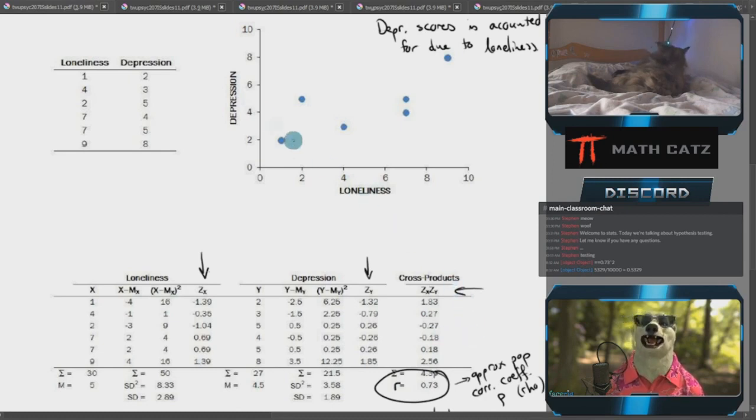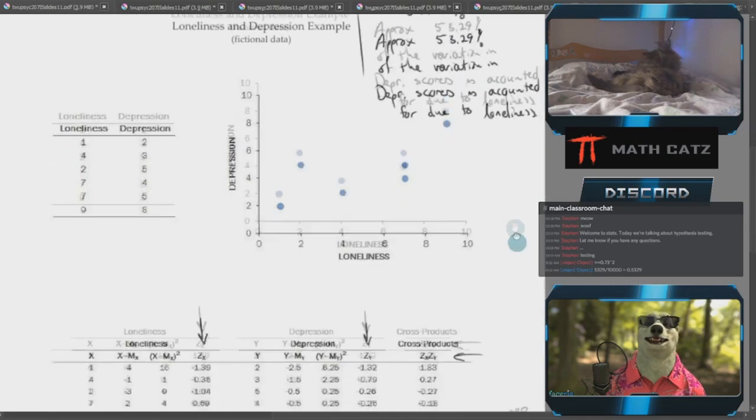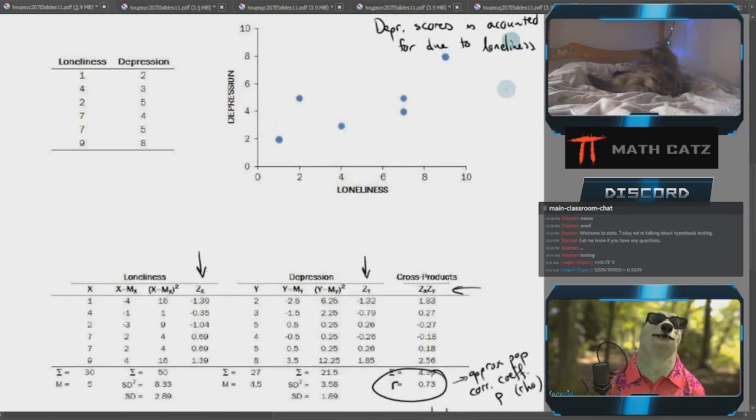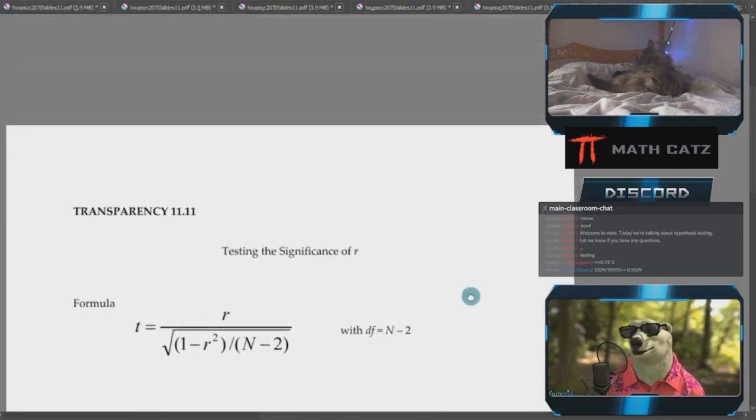So we can't say that depression and loneliness are related with the correlation of 0.73, however we want to interpret it with R squared or not. It's an approximation. And because of that, we need to test how strong this evidence is in terms of its estimation of the true underlying population. So we have a test for the significance of this. Now, luckily, there's good news and bad news.